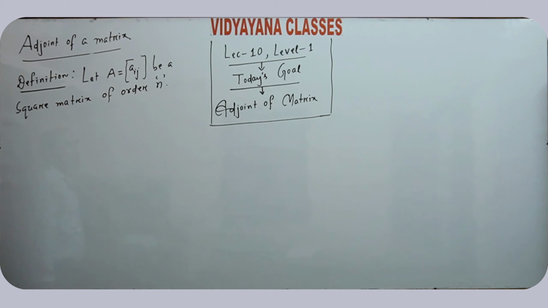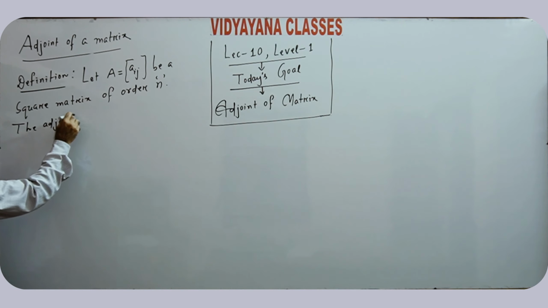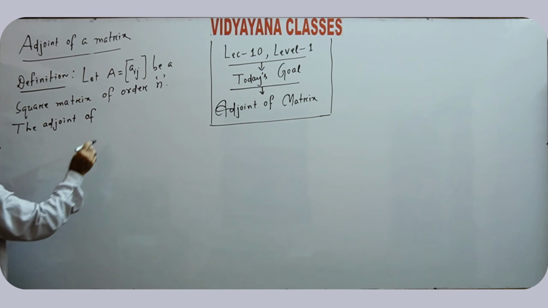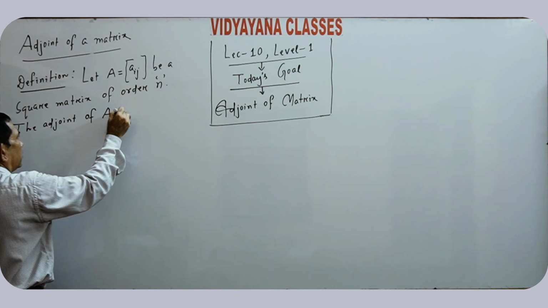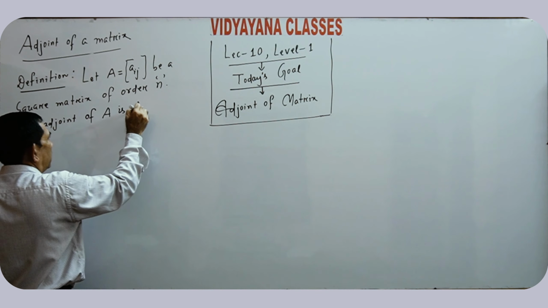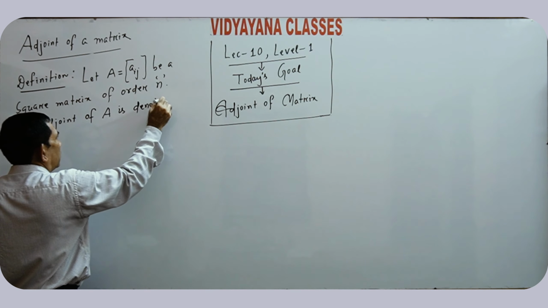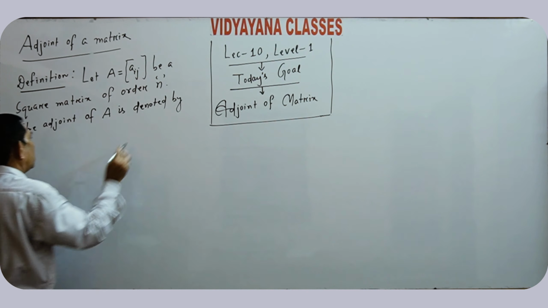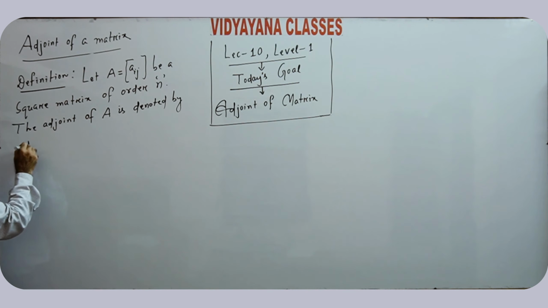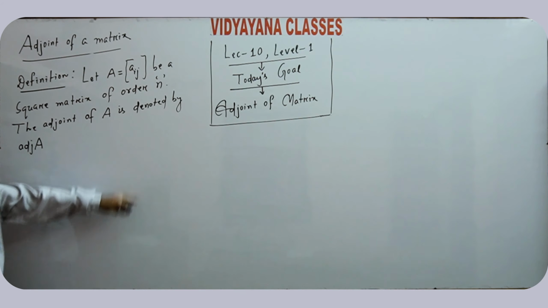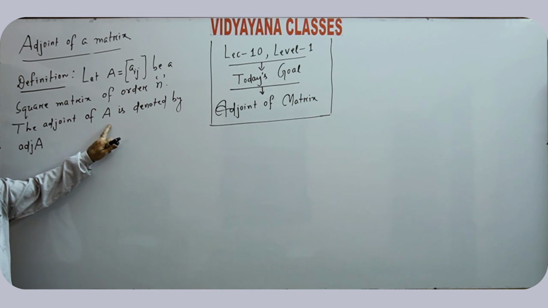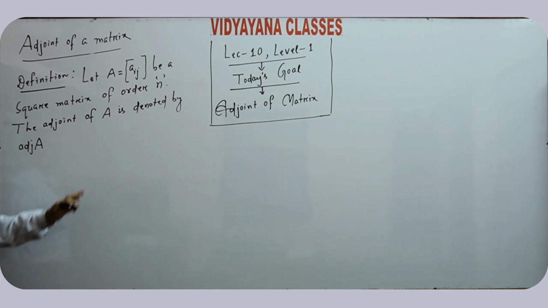Let capital A be a square matrix of order n. The adjoint of capital A, where capital A is the square matrix of order n.